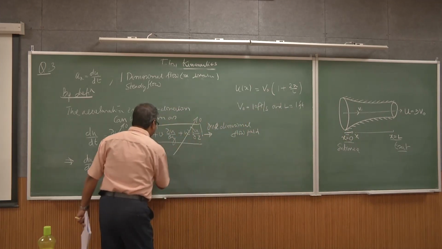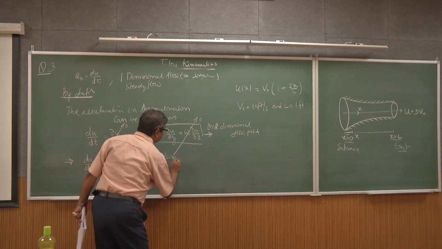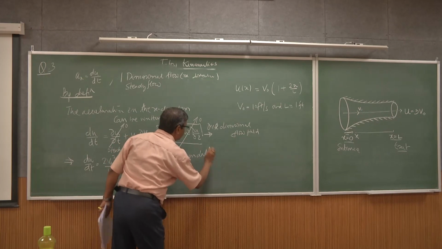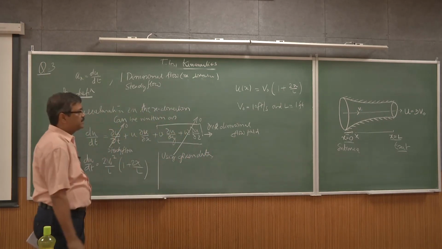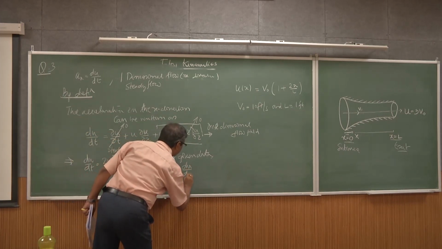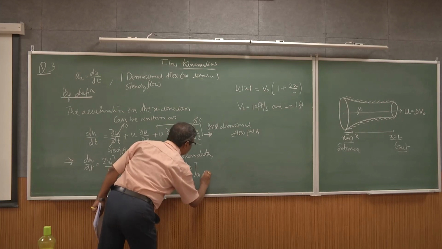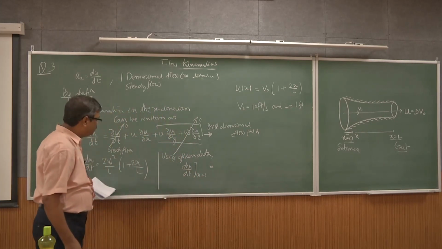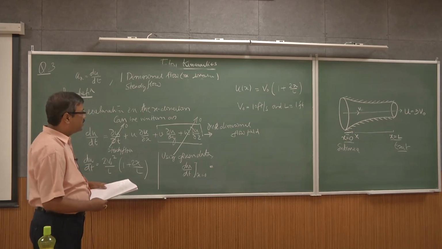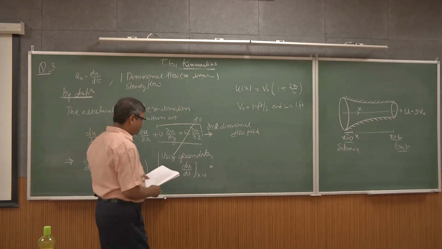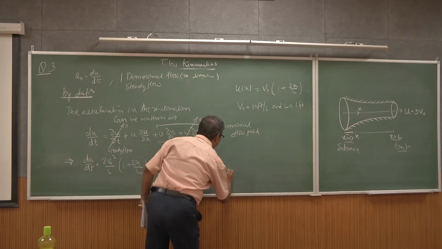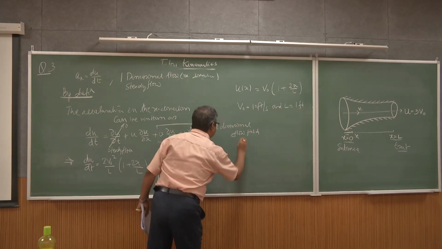Using the given data, we can compute the acceleration in the x direction, du/dt, at x equal to 0. Substituting the v naught and L values, we get 200 feet per second squared.